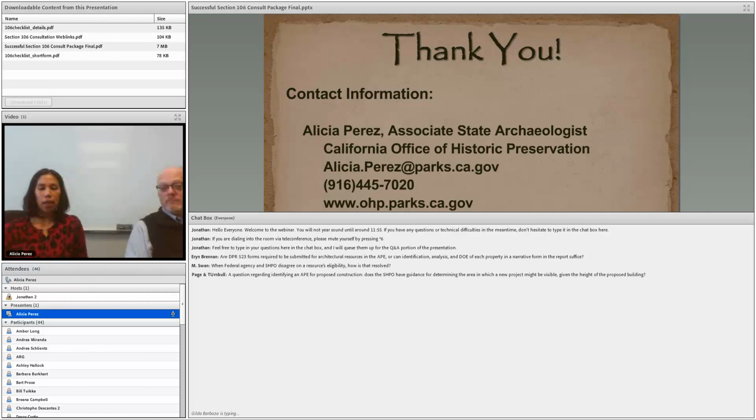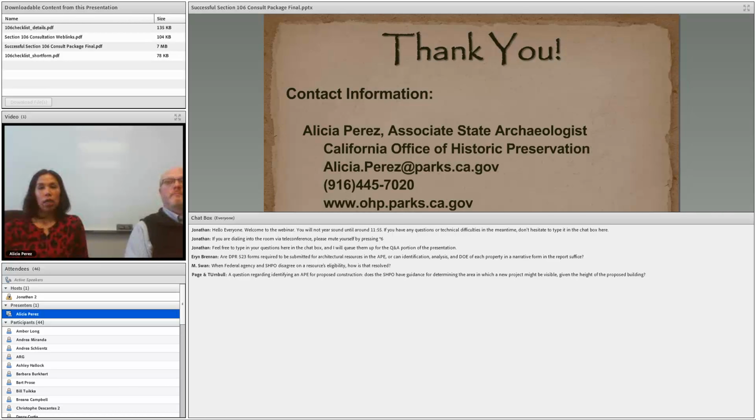So for instance, going back to talking about the current land use within the APE, a 2-foot vertical depth in a built environment that may have already had previous ground disturbance to a 2-foot depth, then efforts to do a subsurface analysis probably wouldn't be necessary.